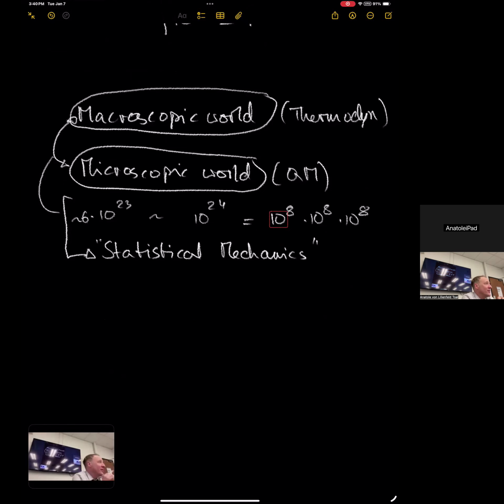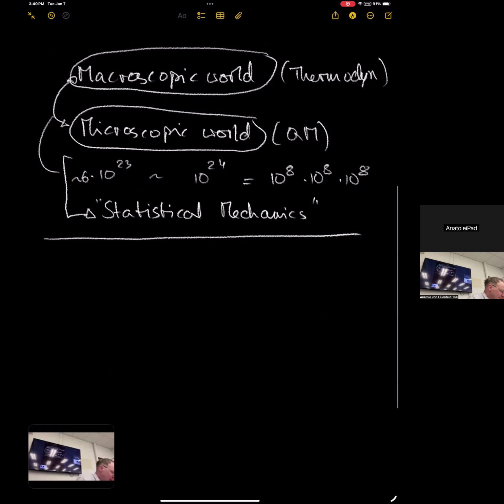Are there any questions? Doesn't seem to be the case. So my plan is to cover this with the following bunch of topics. We will first have an introduction. Then we'll be discussing the partition function.